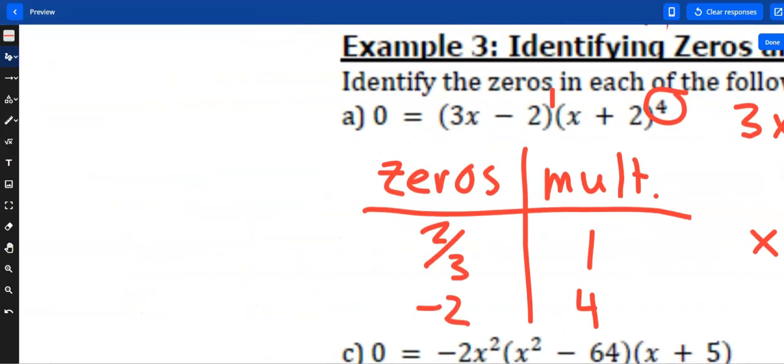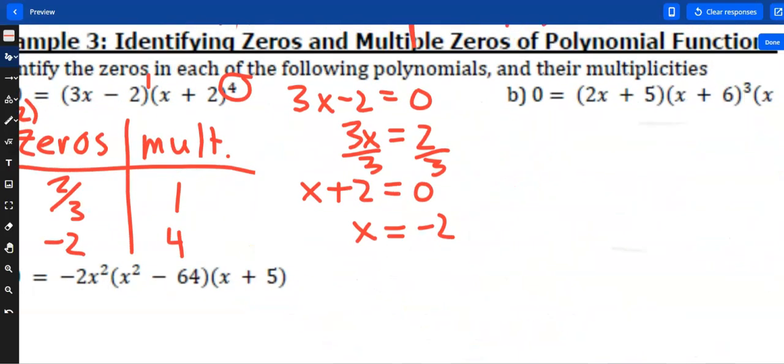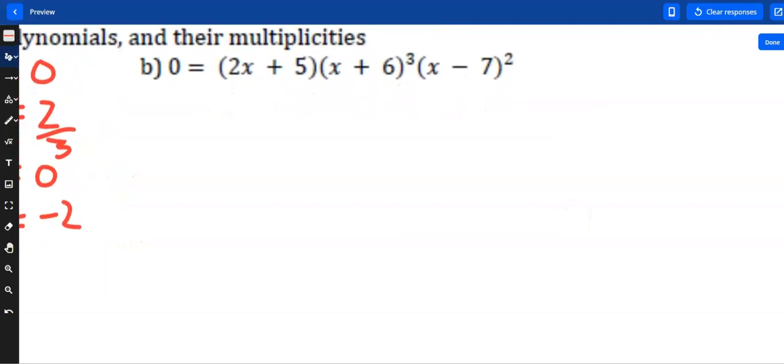I mean, who in their right mind wants to multiply 3x minus 2 times x plus 2 times x plus 2 times x plus 2 times x plus 2? Nobody wants to write all that out. I didn't ask you to FOIL it all together on this question. I just asked you to basically fill in this chart. So let's do it again.